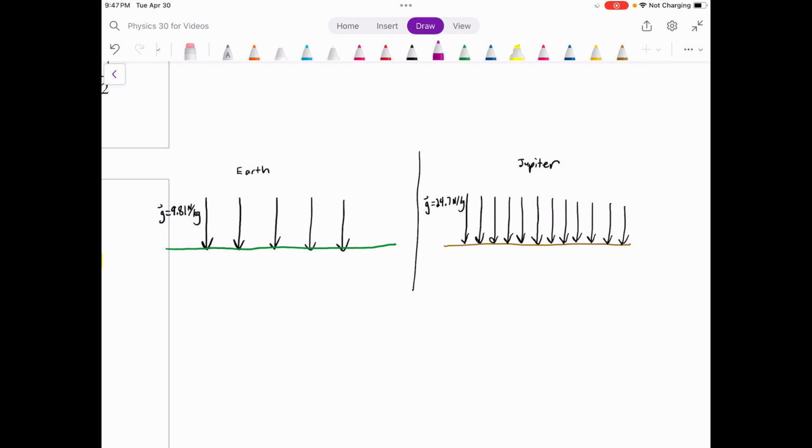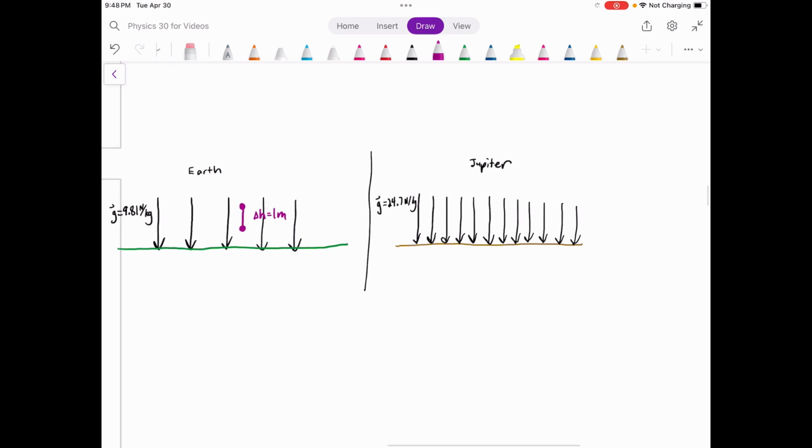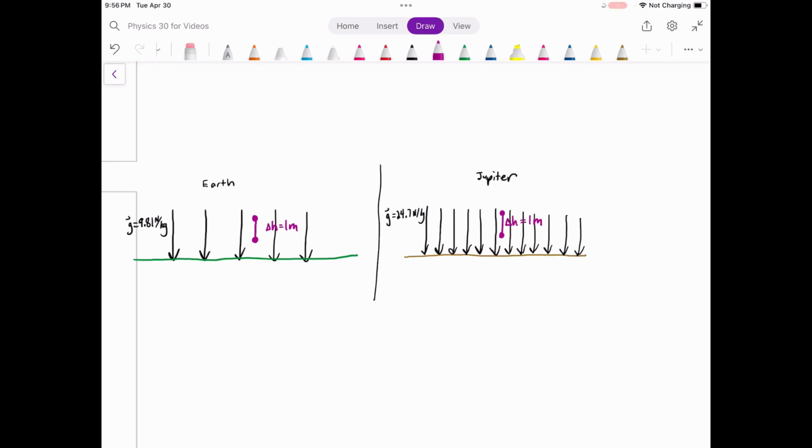Now, if we imagine moving from one position to another in Earth's gravitational field, so that's our change in height, just to give it a number, let's say it's 1 meter, versus doing the exact same thing in Jupiter's stronger gravitational field. Let's call that, once again, the same change in distance, just in a stronger field.